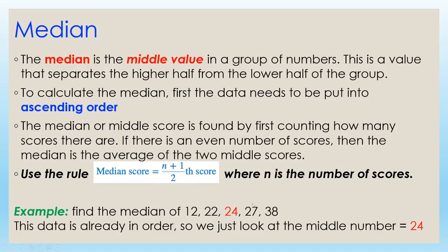We have 5 numbers there. 5 plus 1 is 6, divided in half is 3. 1, 2, third score. It seems trivial to do with numbers like this, but when we start getting bigger and bigger sets of numbers, knowing how to find that middle number is very important and saves a lot of time.